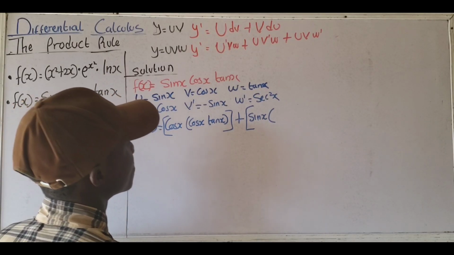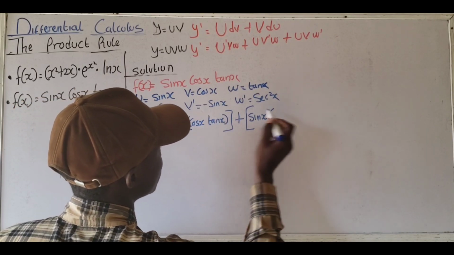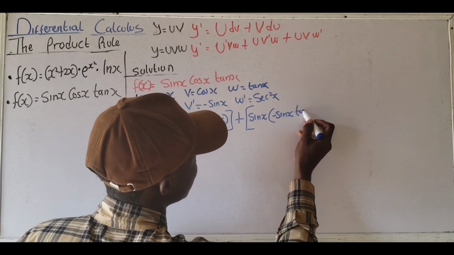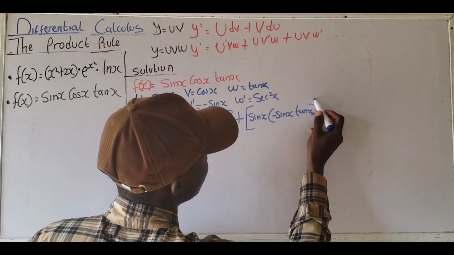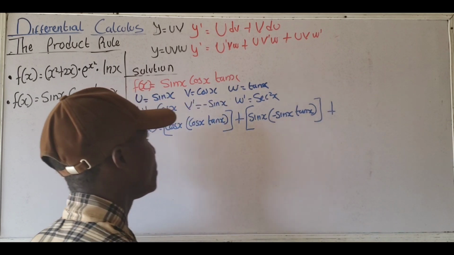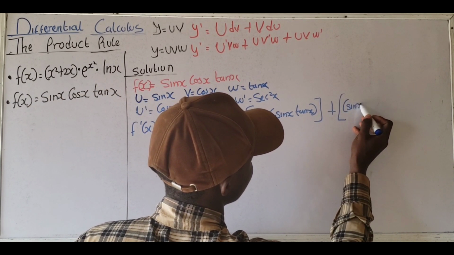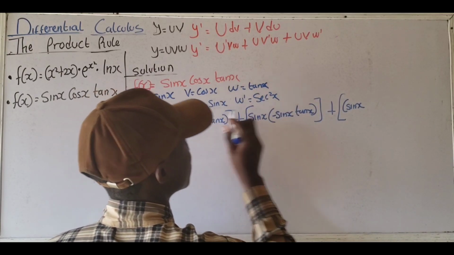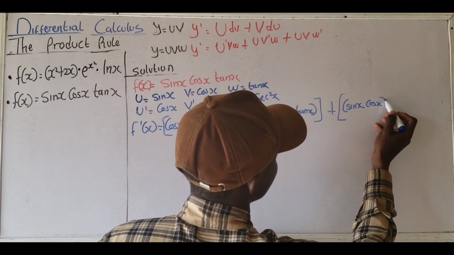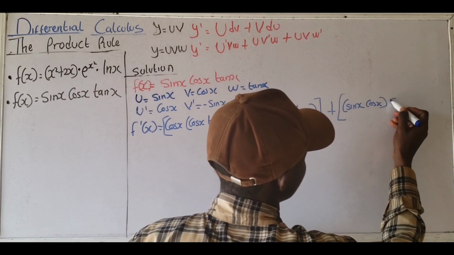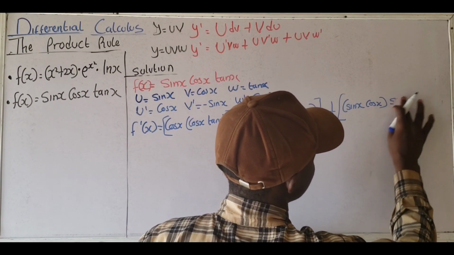Derivative of v is what? Minus sin x, and w is what? Tan x. Okay, close the bracket, plus u is what? Sin x. So I'm going to have sin x, and v is what? V is cos x. Then derivative of w, that is sec square x.